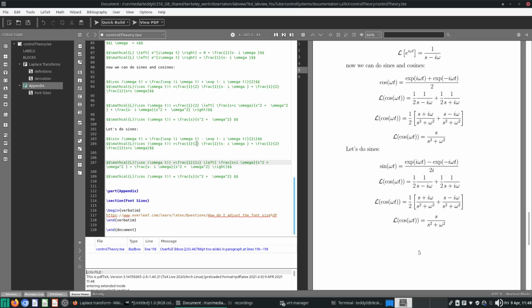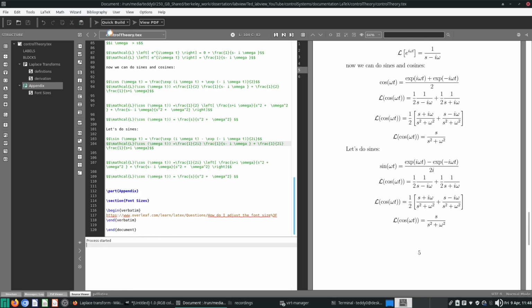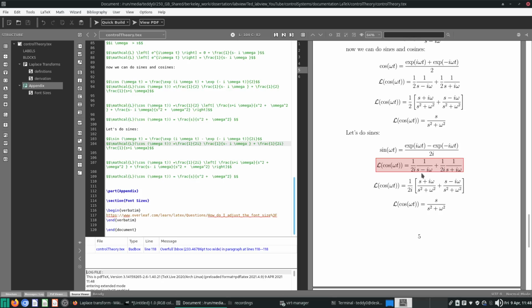So 2i here and 2i here. Instead of a plus, we'll have a minus, so the complex conjugates behave a little bit differently. This plus will become a minus.